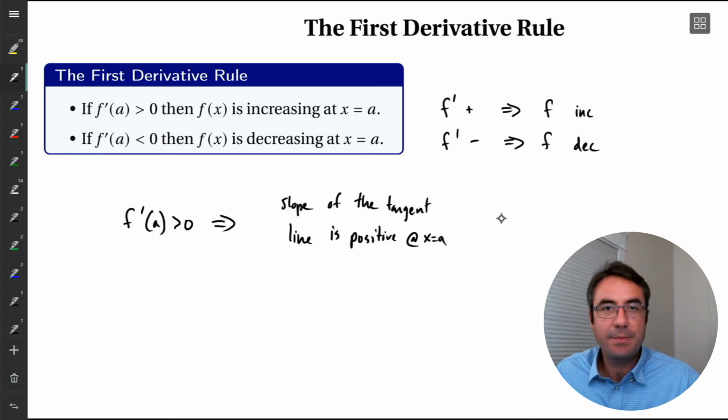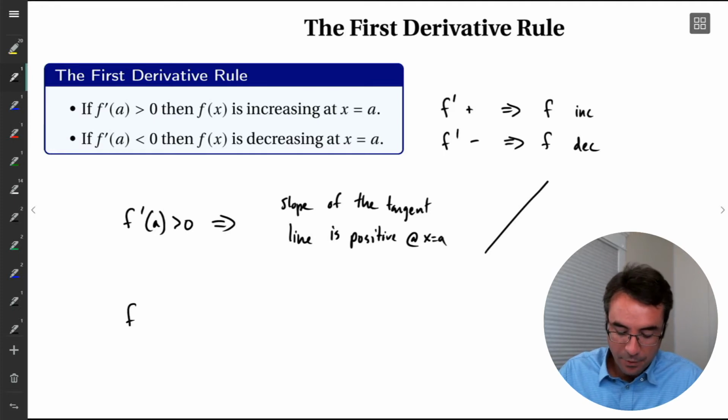And what does it mean to be a positive tangent line or positive slope? It has to look something like that. So our graph is moving up. It's moving in an upward direction. So it has this increasing behavior.